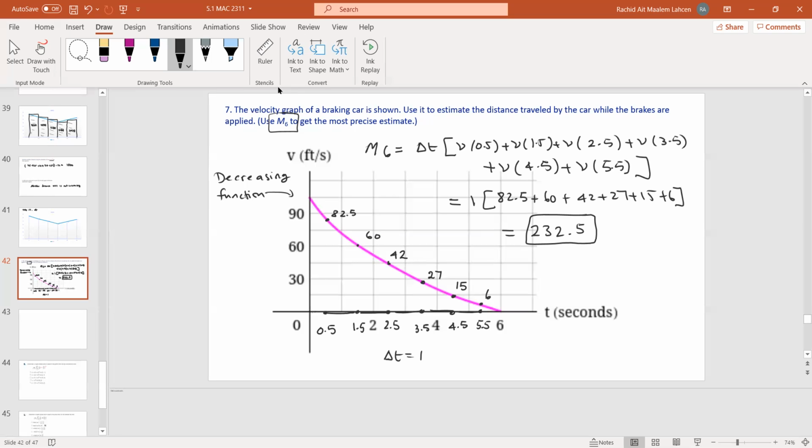And if we use the right endpoint, we're going to underestimate. We have the reverse of the other examples here. So using these midpoints is going to give a better estimate of the distance traveled during the braking.